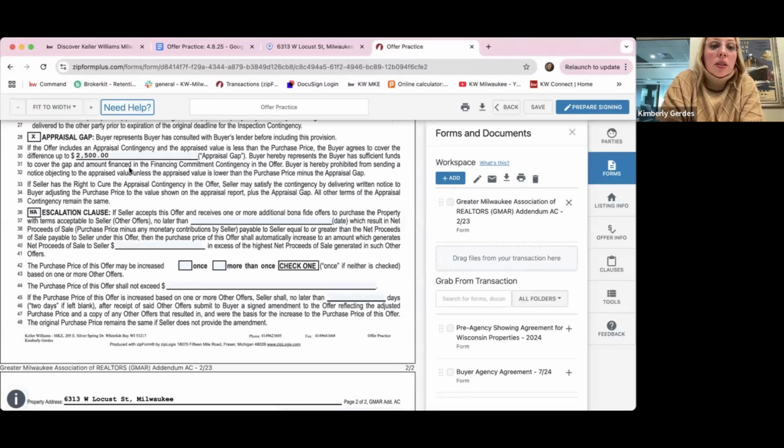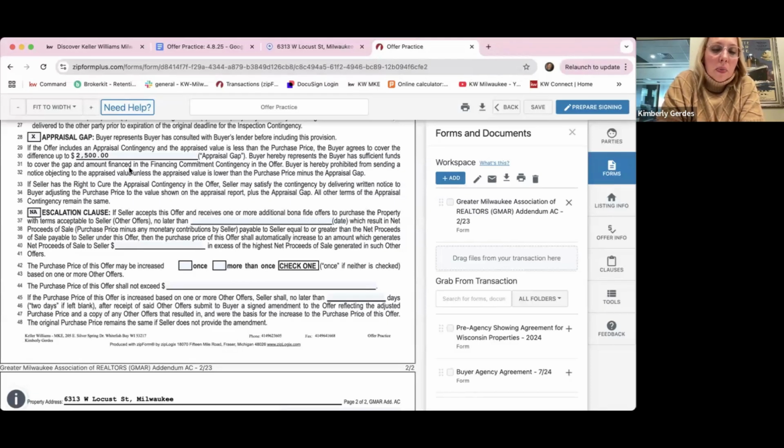So then buyers were having to go back to sellers and say, I can't get my loan for that higher amount because the appraiser is telling us the house isn't worth that. So then sellers were having to knock the price down, right? To meet what the appraised value was.